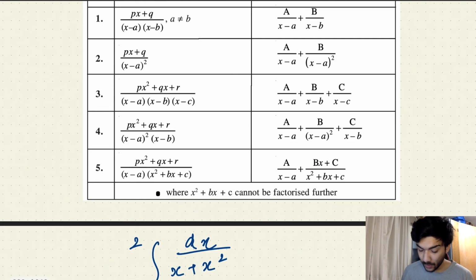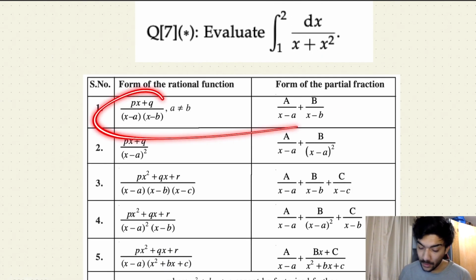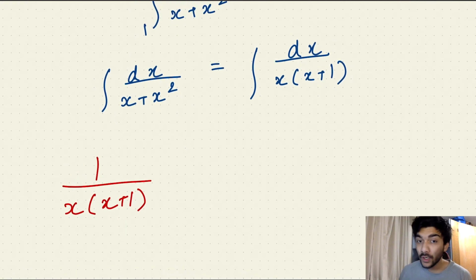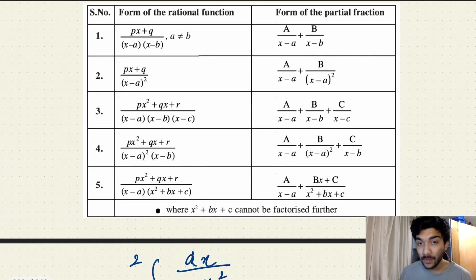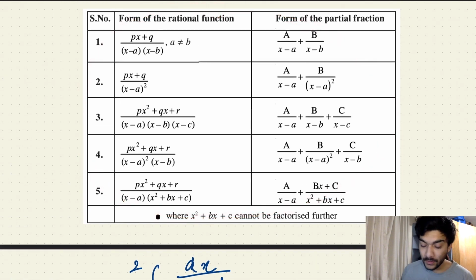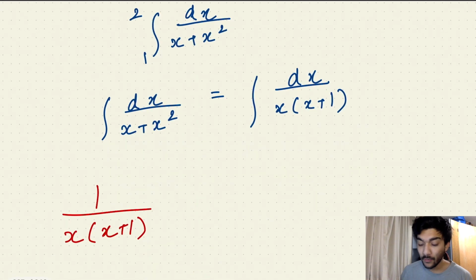So the expression is 1 over x times x plus 1, and you know how to break down these integrals. We have already discussed this concept in detail in the previous videos. If you have not watched my previous videos where we discussed this cheat sheet in detail, I would highly suggest you watch those videos before going over this one.